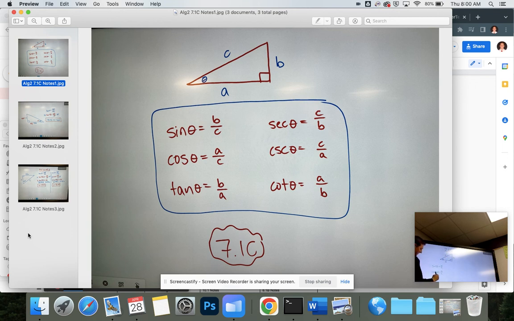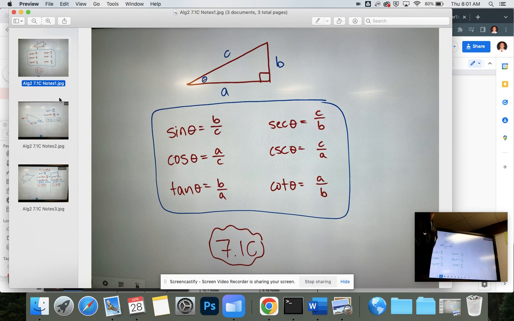And tangent of theta would be opposite over adjacent, so B over A. And then we would have cosecant, secant, and cotangent, which are just going to be the exact opposite of all these fractions. So C over B, C over A, and A over B. Obviously, we've talked about that before, so if you got it, don't worry about it.